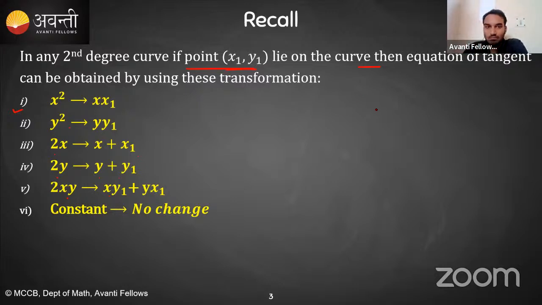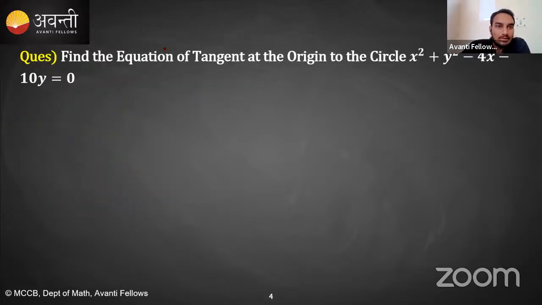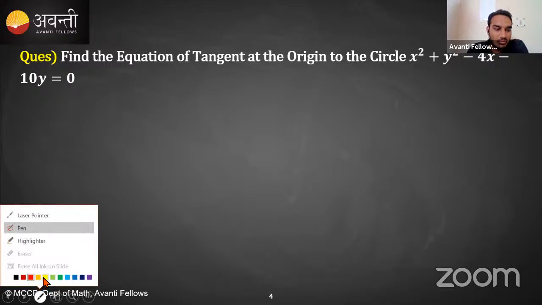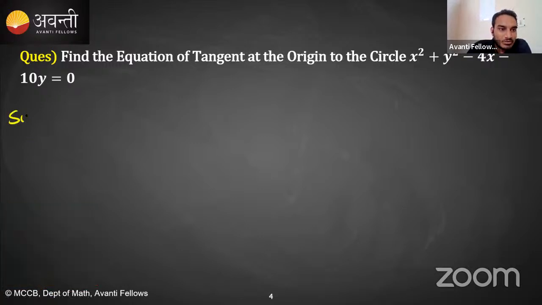Okay. So now quickly tell me, find the equation of tangent at the origin to the circle x square plus y square minus 4x minus 10y equal to 0. So first of all, what is the circle? The circle is x square plus y square minus 4x minus 10y equal to 0.